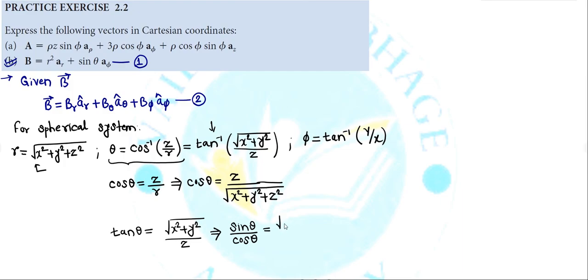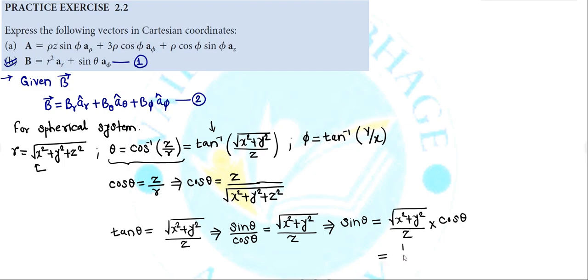So sine theta will be square root of x square plus y square upon z multiplied by cos theta, and now we put in the value of cos theta.